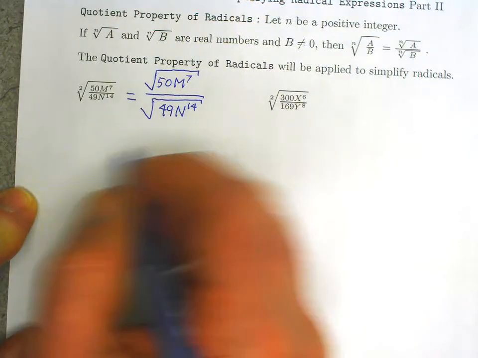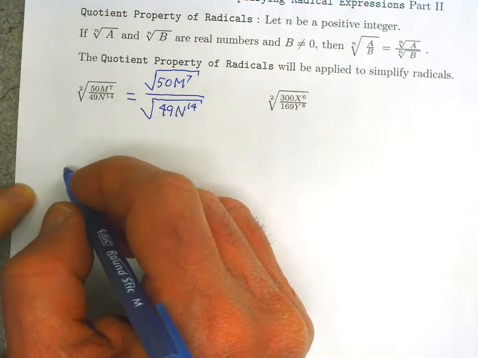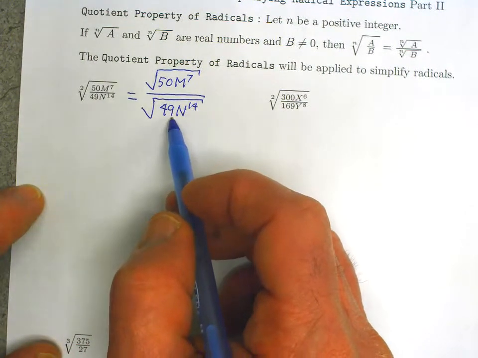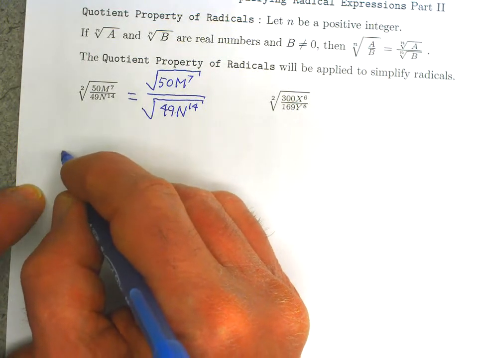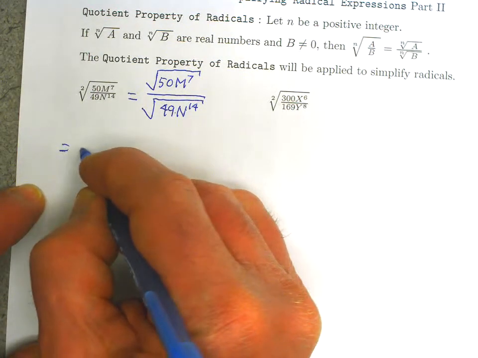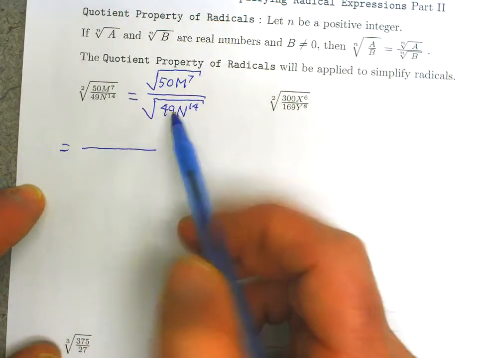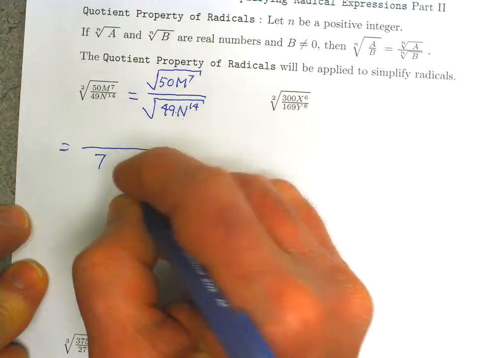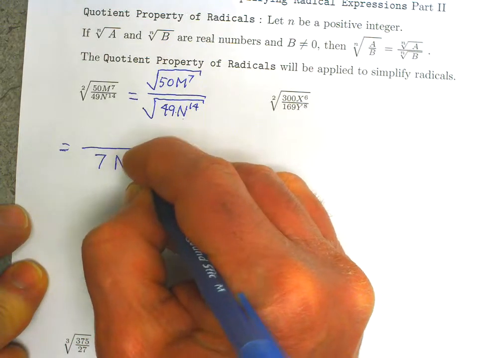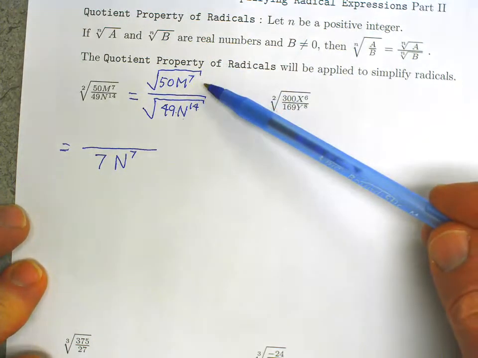Notice the denominator simplifies pretty nicely because the radicand is a perfect square. So let's go ahead and simplify the denominator. The square root of 49 is 7, and the square root of n to the 14th is n to the 7th. And we have a little more to do in the numerator.